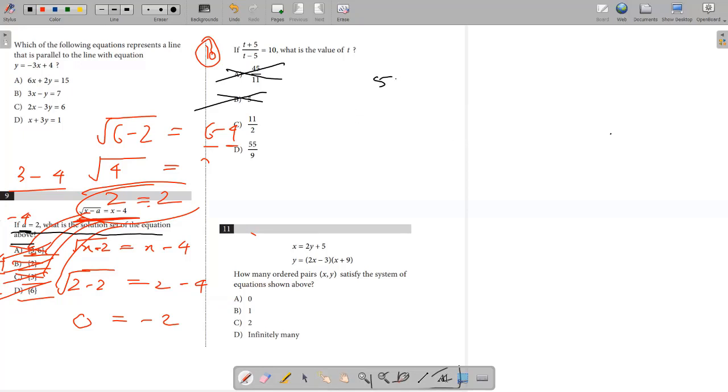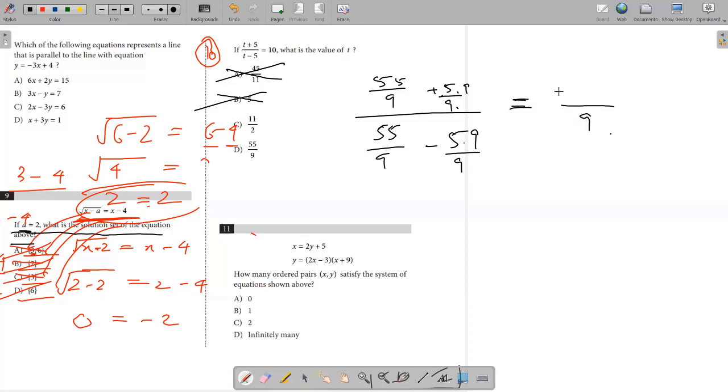So it'll be 55 divided by 9 plus 5, this whole thing divided by 55 divided by 9 minus 5. So again, we can multiply by 9. Am I right? Yes, sorry. So it'll be 9, and then 55 plus 5 times 9 is 45, so it'll be 100 over 9.